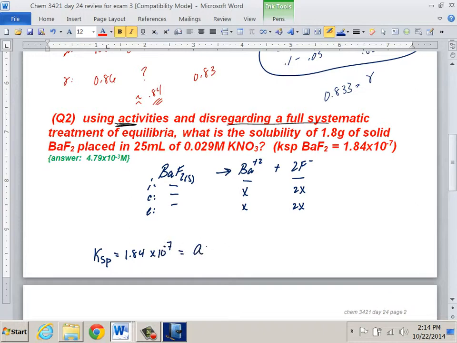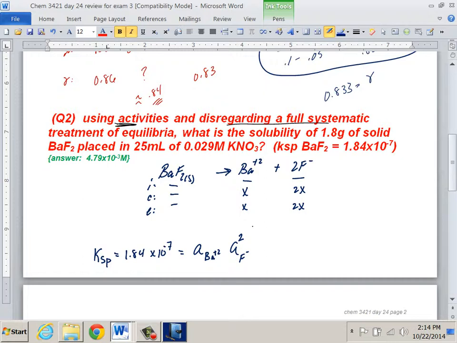That has to be the activity of barium times the activity of fluoride squared. It's nice to write this intermediate step, because if you do this, odds are you won't forget to square those little fudge factors, those gammas. I think it's nice to write this because they said to use activities.